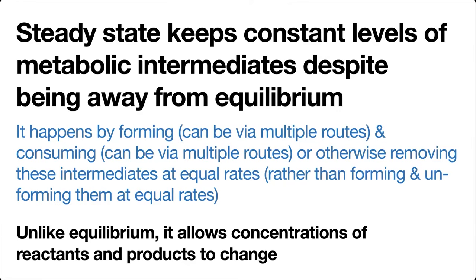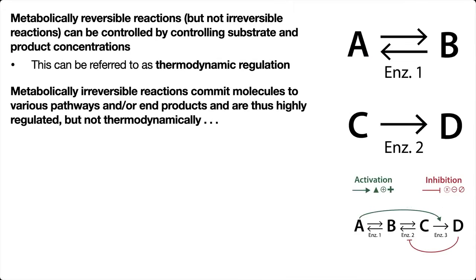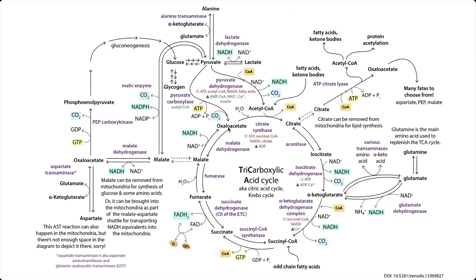So unlike equilibrium, or allowing the concentration of the reactants and the products to change, we don't have a closed system, but we can be keeping things away from equilibrium, adding reactants in, and then removing the products, but then adding reactants in from other sources and taking products to other sources.